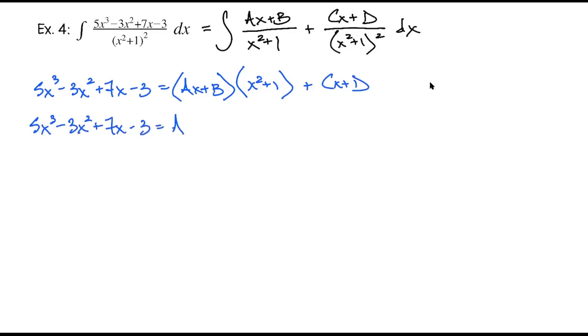We're going to get ax cubed plus ax plus bx squared plus b plus cx plus d. And so we're going to have 5 equals a, oh, perfect, that's it. There's only one cubic.